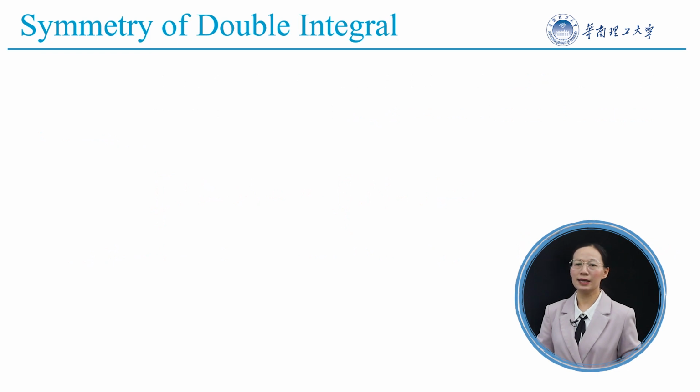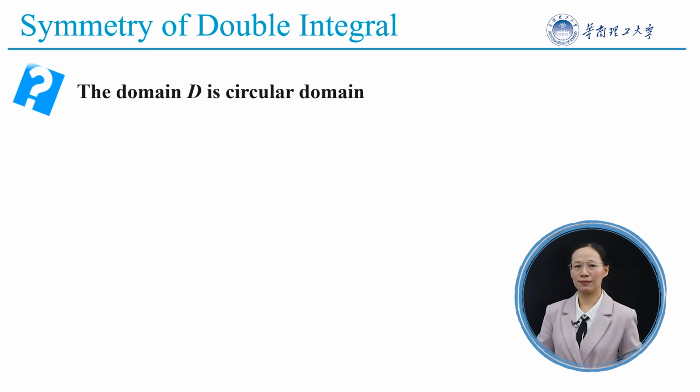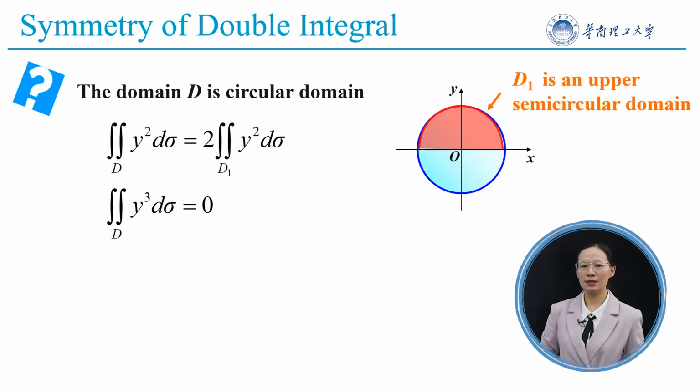Let's see some examples. The domain D is a circular domain. Let D1 be an upper semicircular domain. Then the double integral of the square of y on D is equal to 2 times the double integral of the square of y on D1.